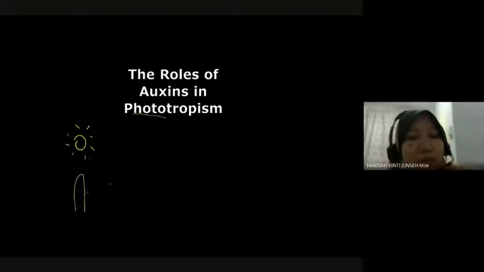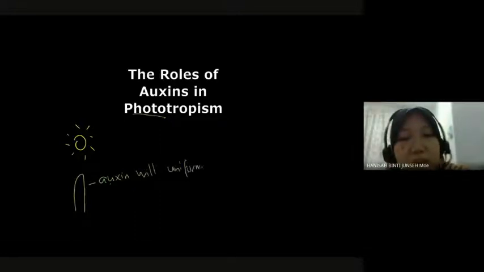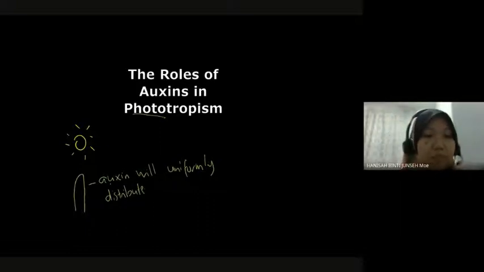So when exposed, the auxin will uniformly distribute. Okay, apa maksud ayat ni? Tadi kita tahu auxin dia akan ada di the tip of the shoot.